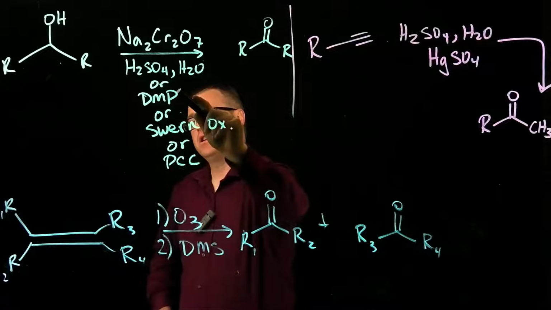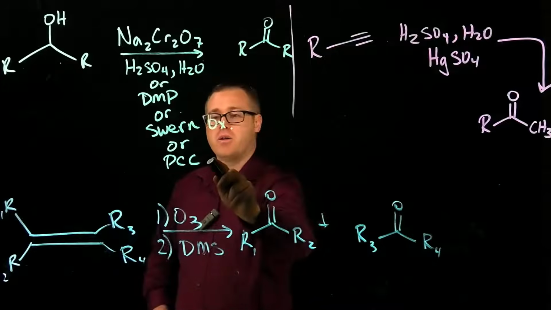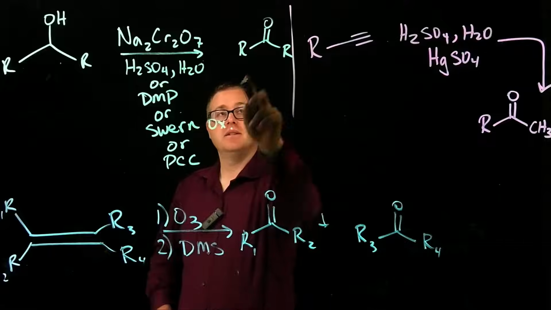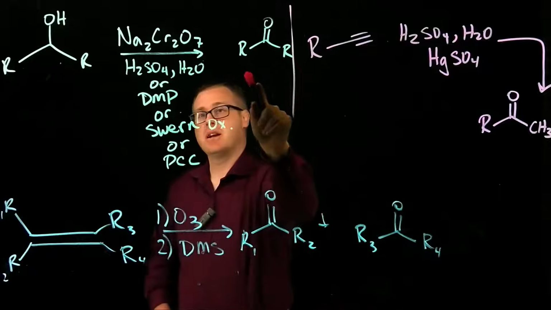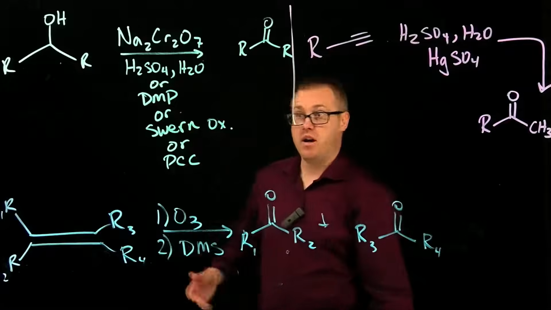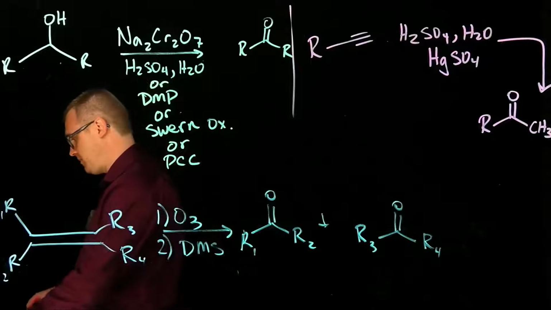Or you could use Dess-Martin, or you could do Swern oxidation, or you could use PCC to get the same transformation. And all of that information can be found in the oxidation of alcohols chapter, or chapter 12 in our textbook.